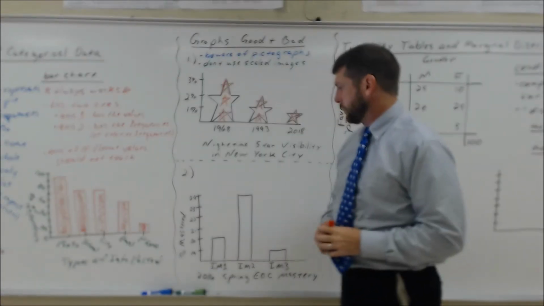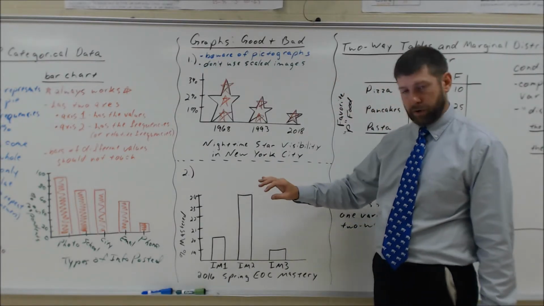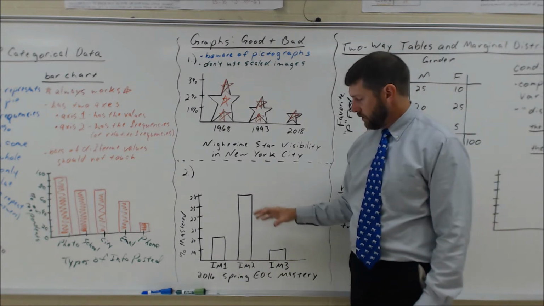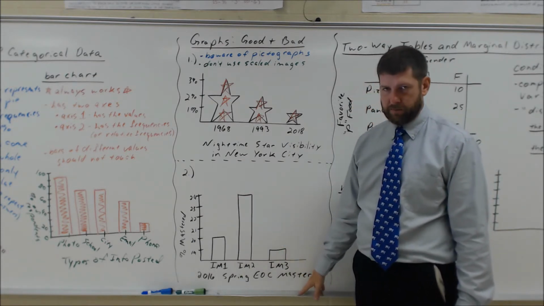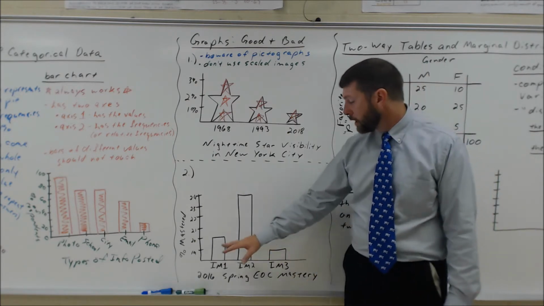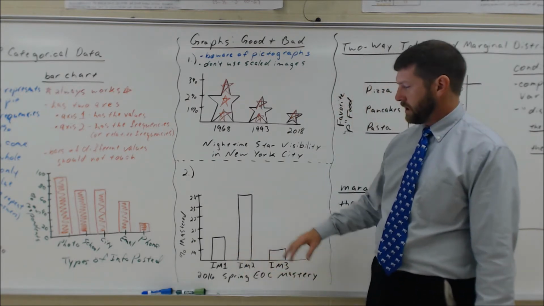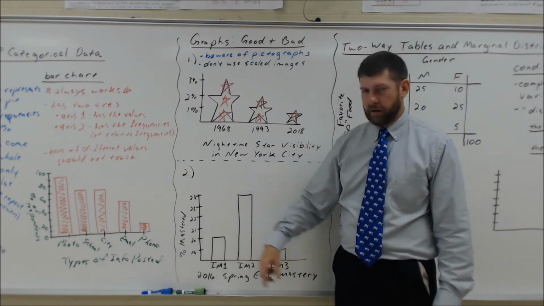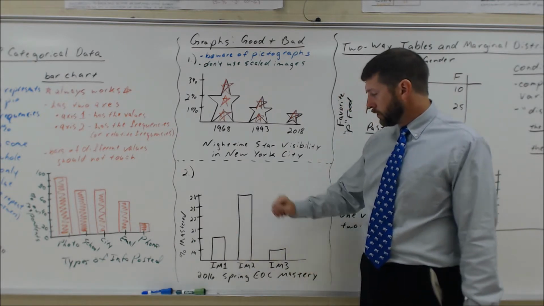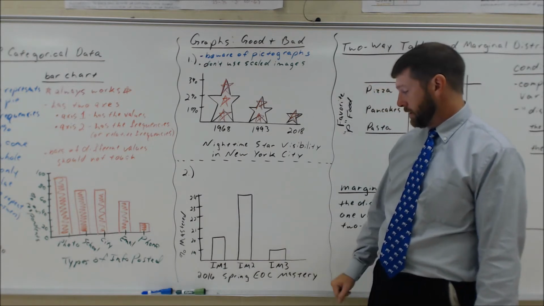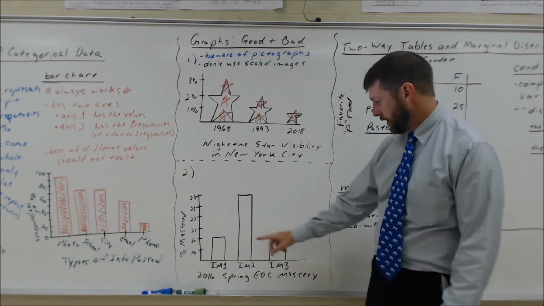All right, now the second one is just a regular bar graph. We're not touching, everything's good. These are 2016 spring math scores. We had IM1, IM2, IM3. It shows what percentage of the group mastered the exam. At initial glance, it looks like IM3 and IM1 were terrible.